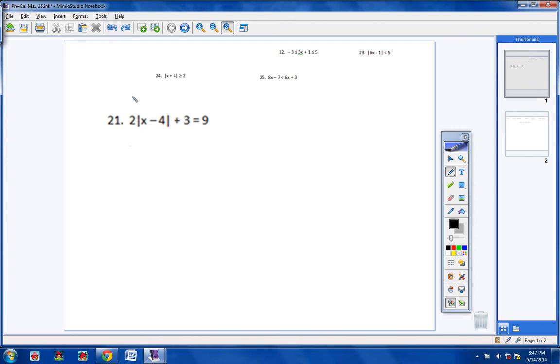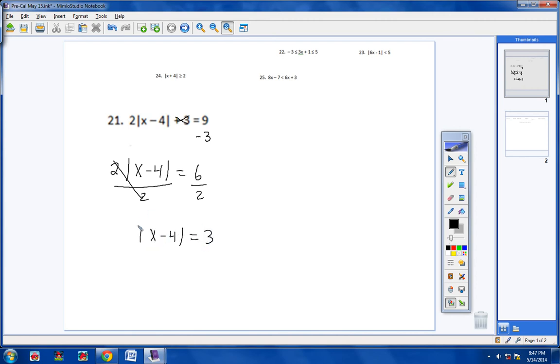Always get rid of your multiplying number last, okay? So let's take this positive 3, and let's bring it over here and make it a negative 3. So now I'm left with 2 absolute value of x minus 4 equals, and 9 minus 3 is 6. Now to get rid of this 2, let's divide both sides by 2. Your 2's cancel, and you're left with the absolute value of x minus 4 equals 3.